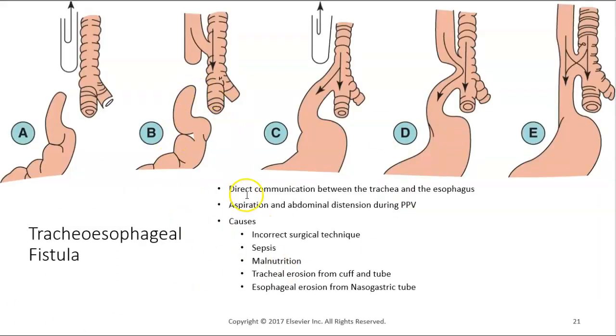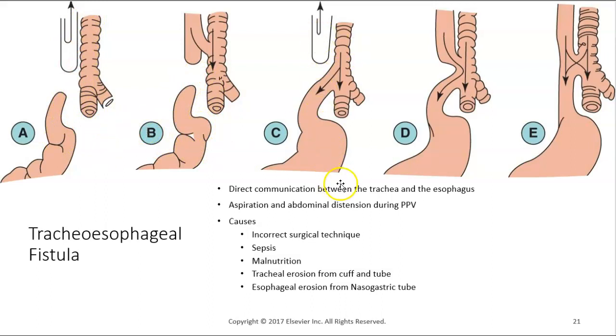Okay. So again, this is a picture of the different ways tracheoesophageal fistulas can form. These ones here, types A and B, are congenital fistulas. These happen as babies develop, where the esophagus didn't form correctly.